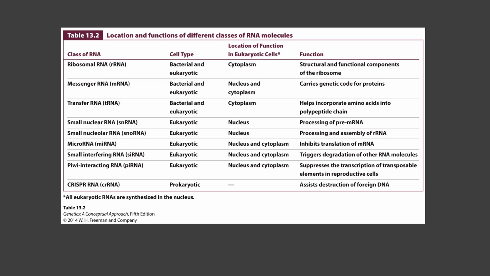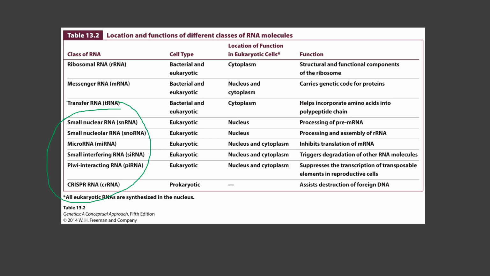And then there's messenger RNA. That's the RNA that's going to code for genes and be ultimately translated to proteins. Transfer RNA brings the amino acids to a growing polypeptide chain in the ribosome. Talk more about that later. And then down here, there's a whole bunch of different regulatory types of RNA. We won't have time in this class to go into the functions of each of those, but nevertheless, they're very important.